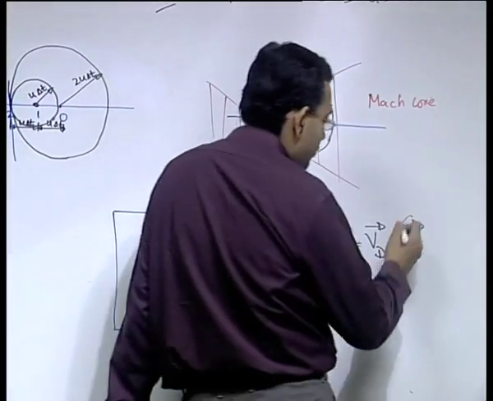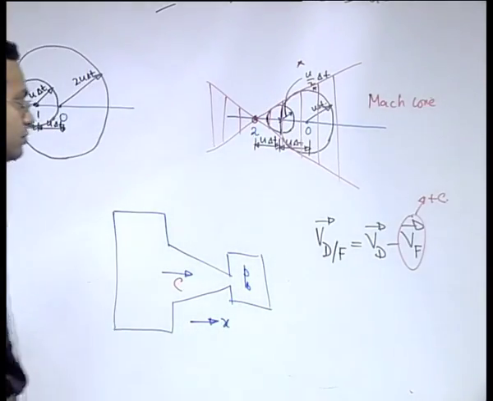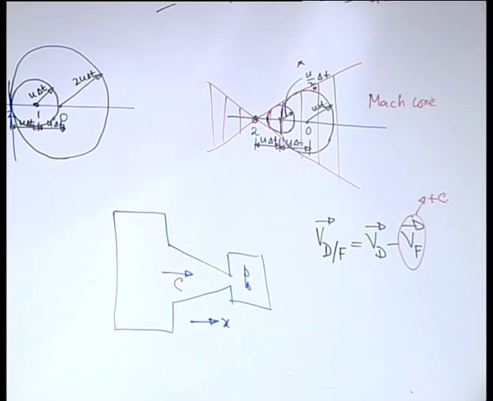So the velocity of flow is plus c. What is the velocity of the disturbance relative to the flow?